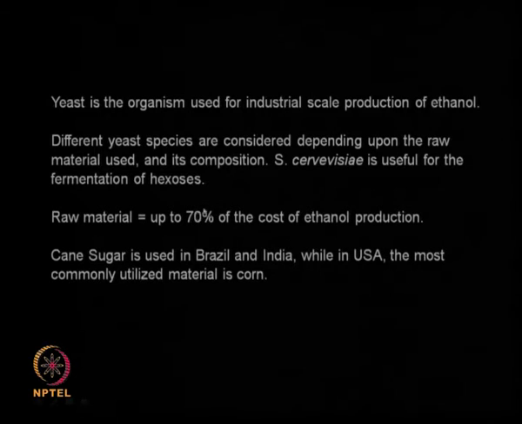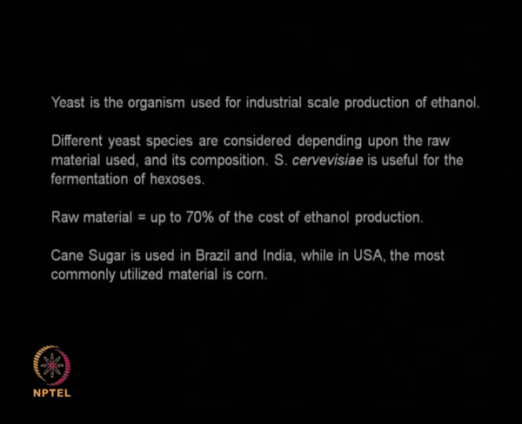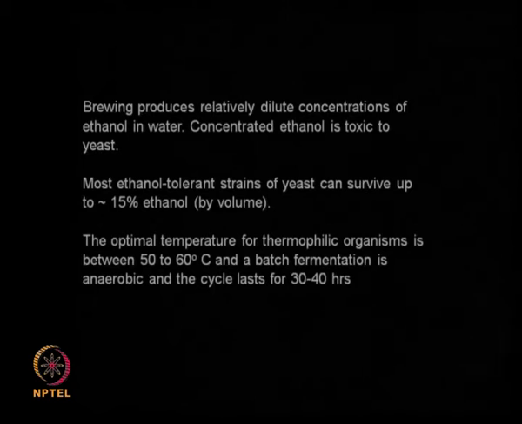The raw material cost takes care of almost 70% of the cost of ethanol production. So if you can reduce the raw material cost, you will be able to reduce the cost of ethanol production. The main problem with these organisms is that they are not very tolerant to ethanol. There are certain genetically modified yeast species which can take up to 15% ethanol, but generally at 8, 9, 10% ethanol the fermentation is stopped because the organisms are not tolerant.